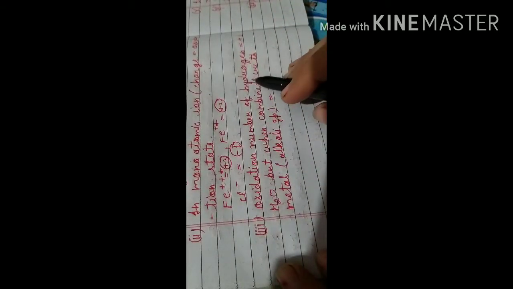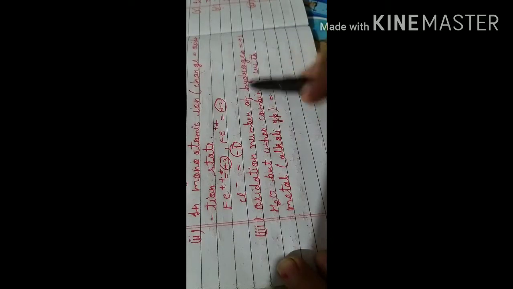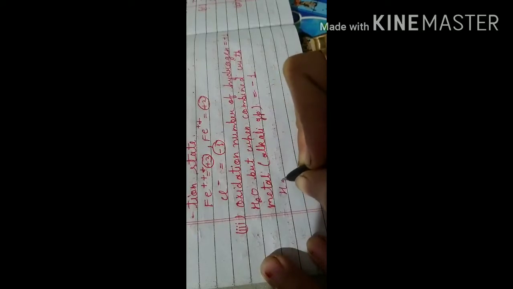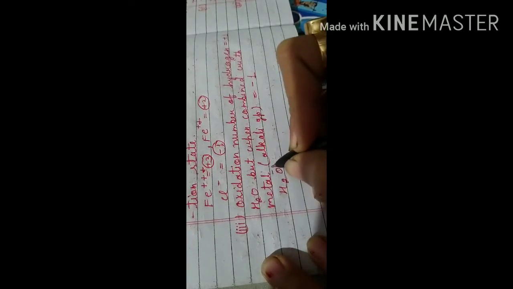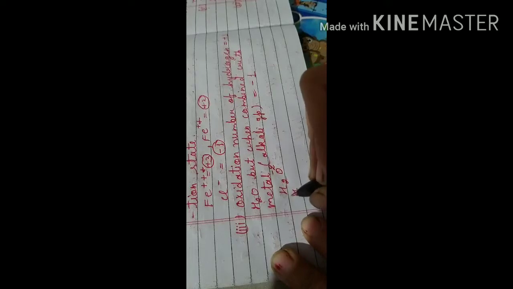The oxidation number of hydrogen, most probably, is to be considered as plus 1, as in H2O. But when combined with a metal, especially of the alkali group, alkali metals that belong to group 1, in that case its oxidation state will be minus 1. Let me give you the example. Suppose H2O is written, oxygen is more electronegative, so the oxidation state of oxygen will be minus 2, and we have to find out the hydrogen, so that is considered as x.